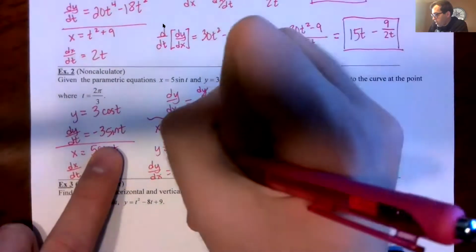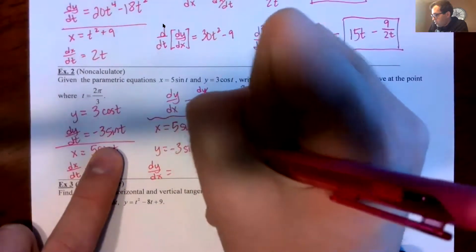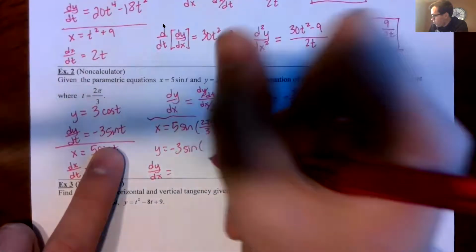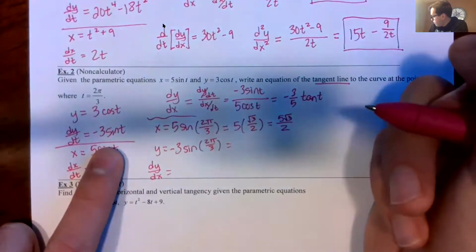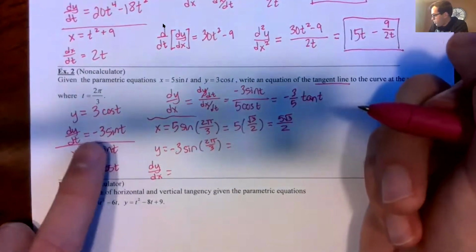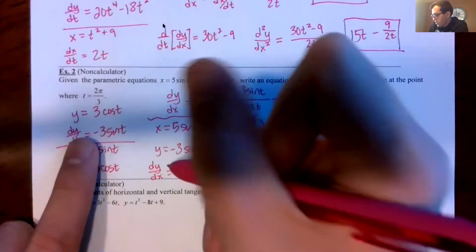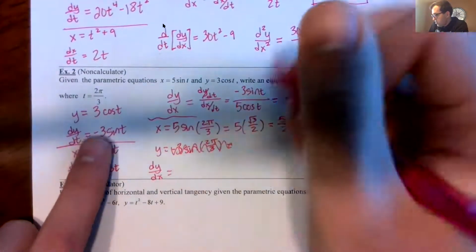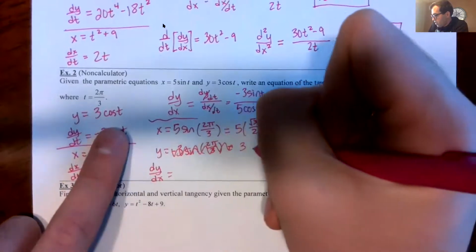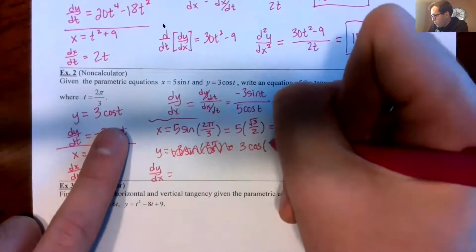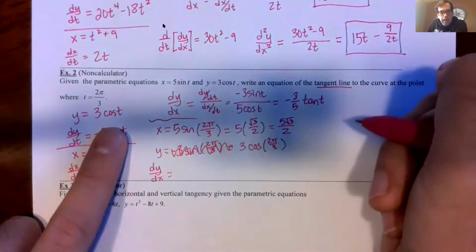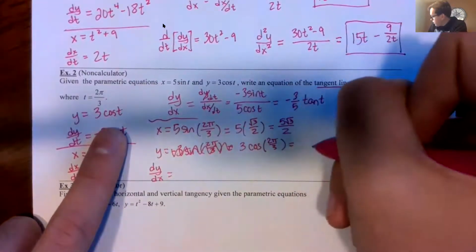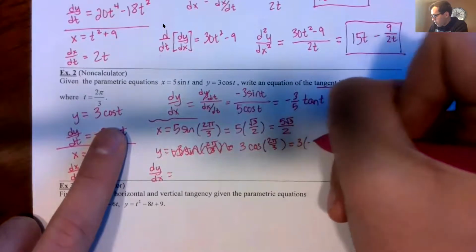For the y, we've got negative 3 times the sine of 2 pi over 3 again. Sine of, what am I doing? I plugged that into dy/dt. Undo. It's 3 times the cosine of 2 pi over 3. And let's see. So we've got 3 times negative 1/2.